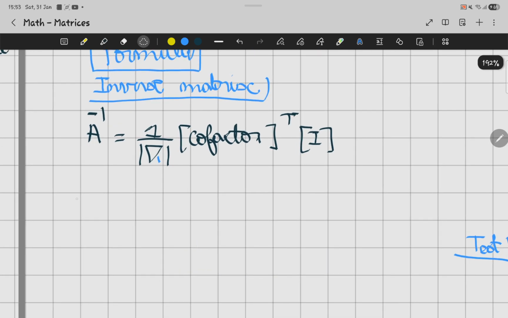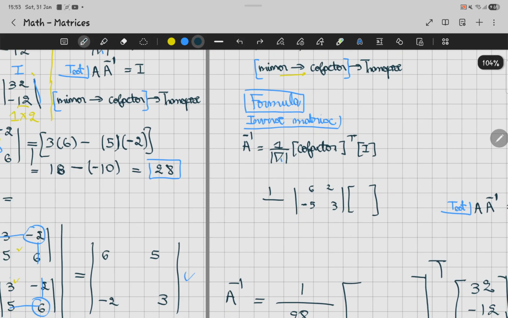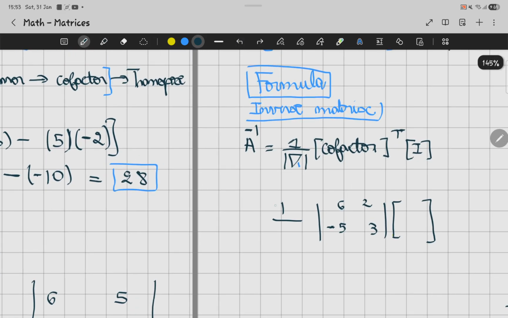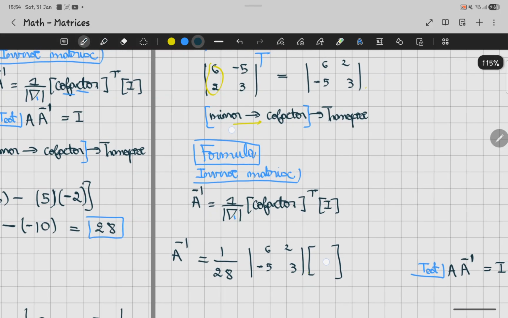So this is the transpose, times the unknown, and then 1 over delta, which was 28, and then we're going to have the inverse of that.